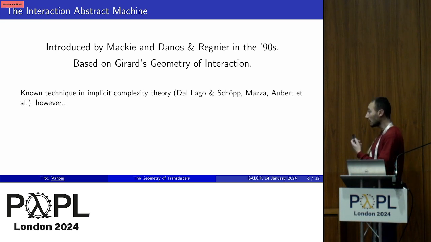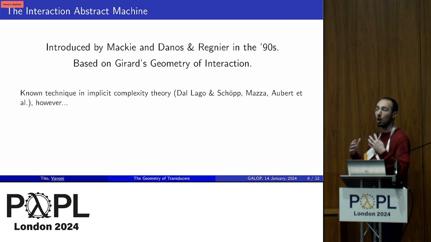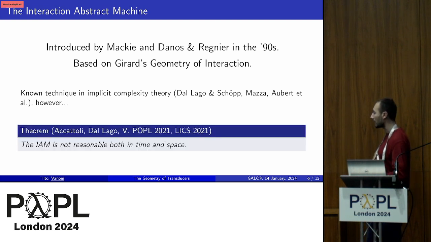And in particular, it has been used in implicit complexity theory by Dal Lago and Schöpp, by Mazza, by Aubert and Coutos. So it has been used already many times to prove typically log space soundness and completeness results. So it has some complexity flavor.